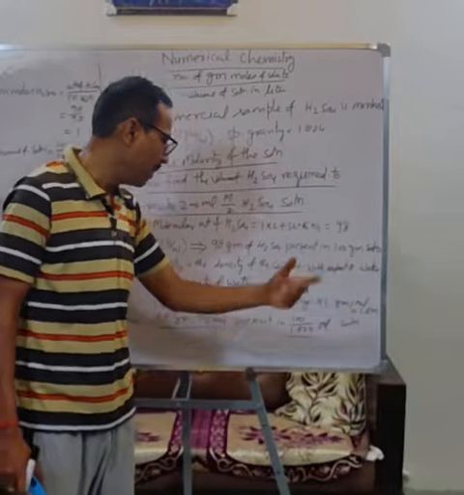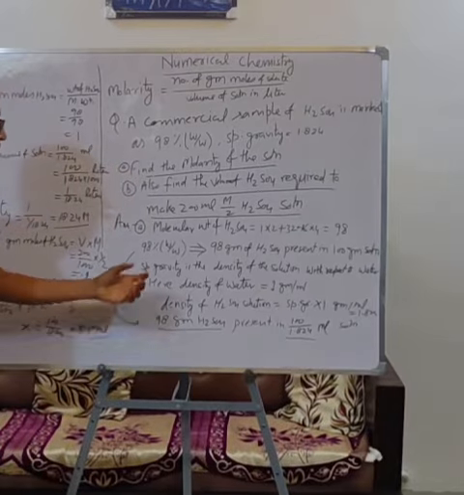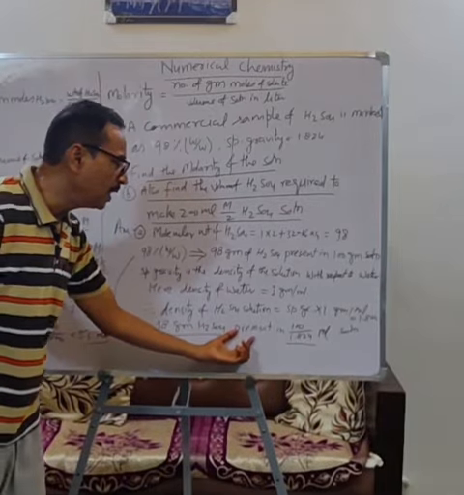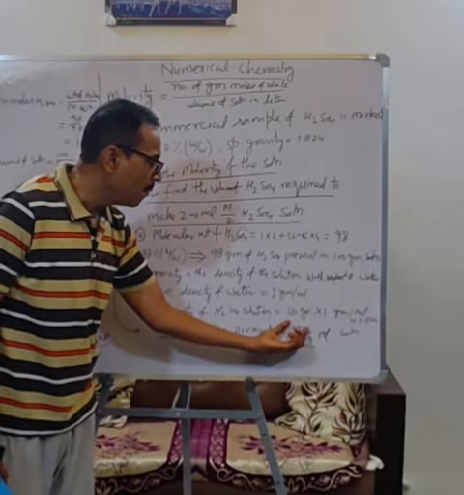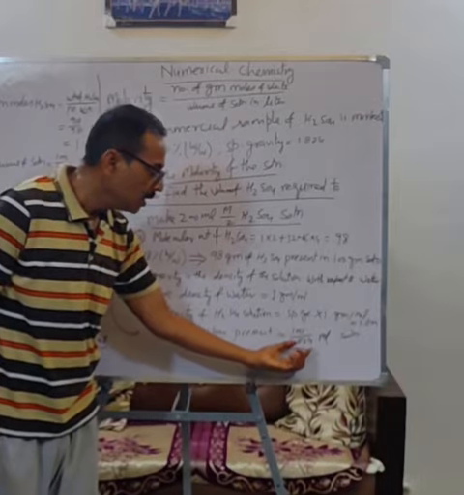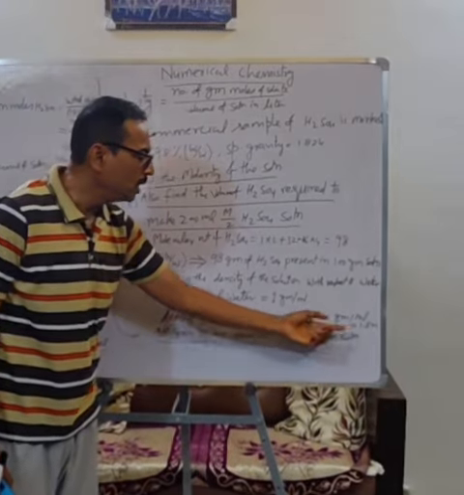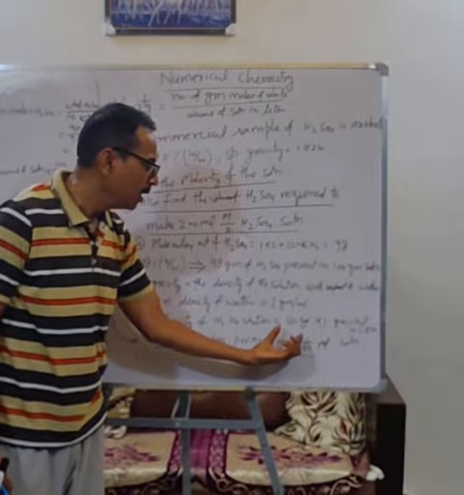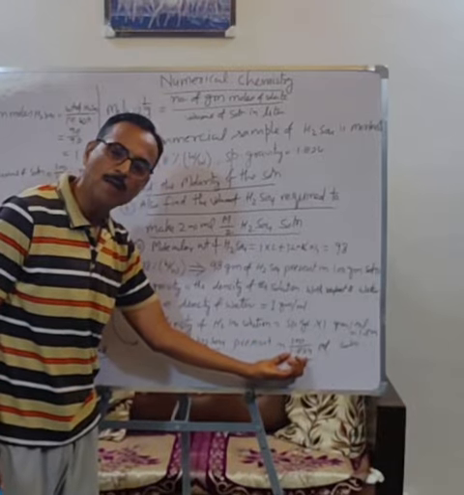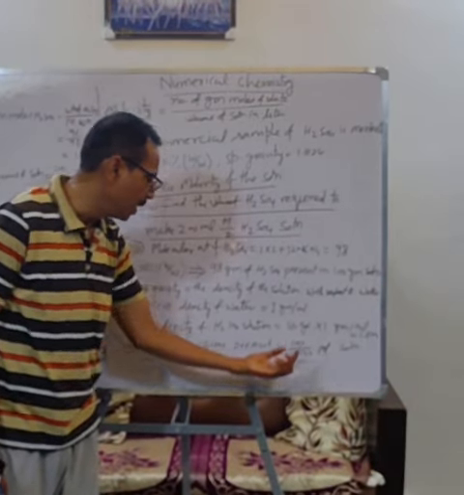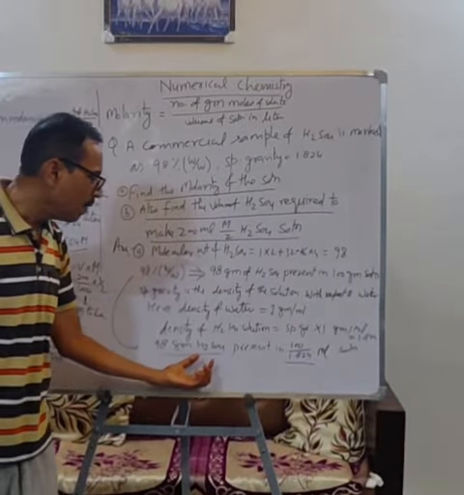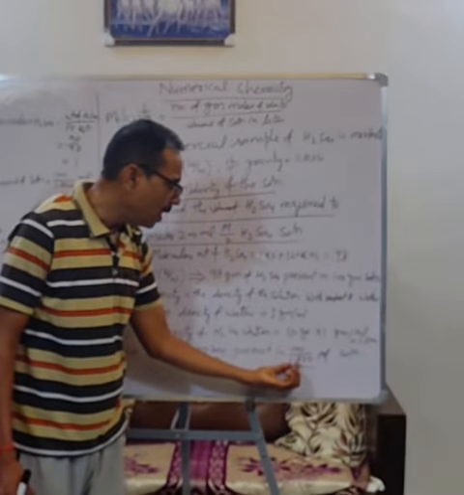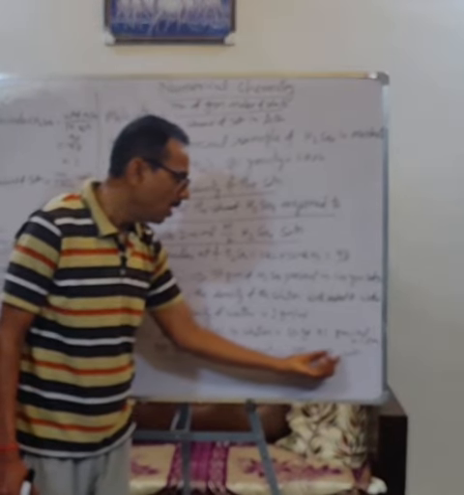In gram per ml. Now, 98 gram sulfuric acid present in 100 gram, divided by density, that is volume. Density is in gram per ml, so the volume will come in ml. It means 98 gram H2SO4 present in 100 by 1.824 ml of solution.